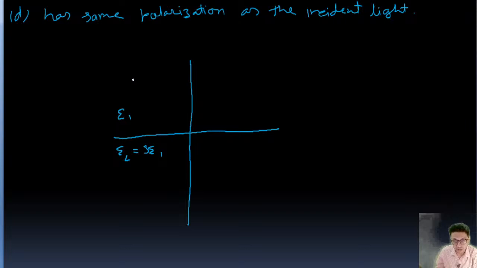These are straight lines, guys. So this is the beam of unpolarized light, which makes a 60-degree angle. This is the angle of incidence with the normal.